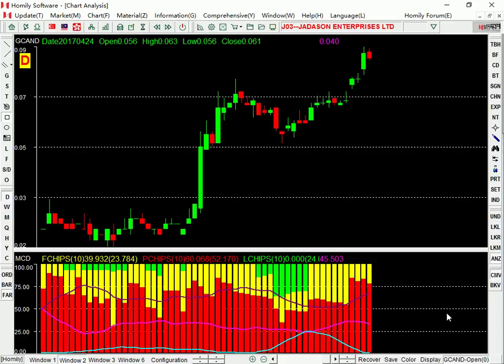Then red above 75, push up the price. So this is the important thing. You should focus on this parameter. Fully control. So this is the important thing for the bankers.